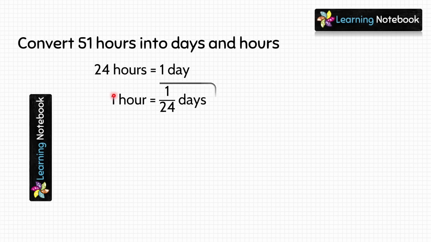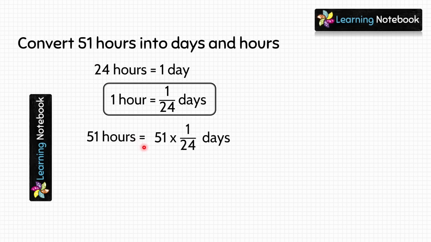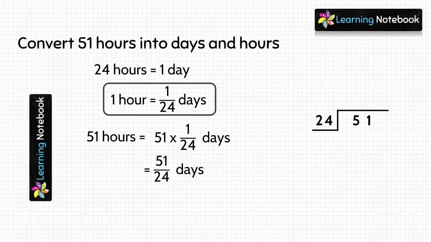So 1 hour equals 1 by 24 days. Therefore, 51 hours would be equal to 51 into 1 by 24 days. This can also be written as 51 divided by 24 days. So let's divide 51 by 24.